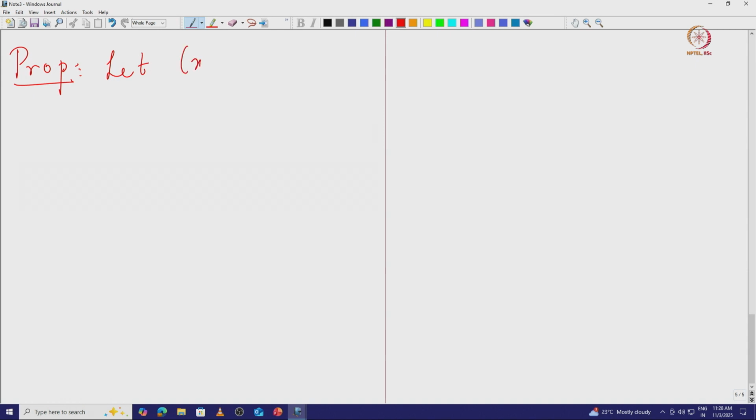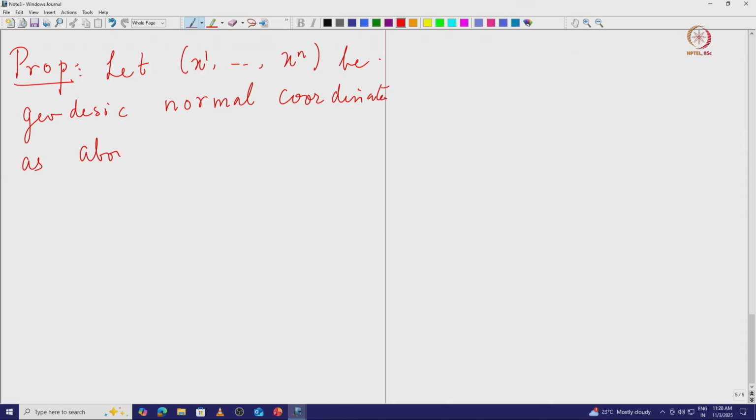So let x1 up to xn be geodesic normal coordinates as above, on let us say UP. So I am going to use the notation from before, from above. Then we have the following points.